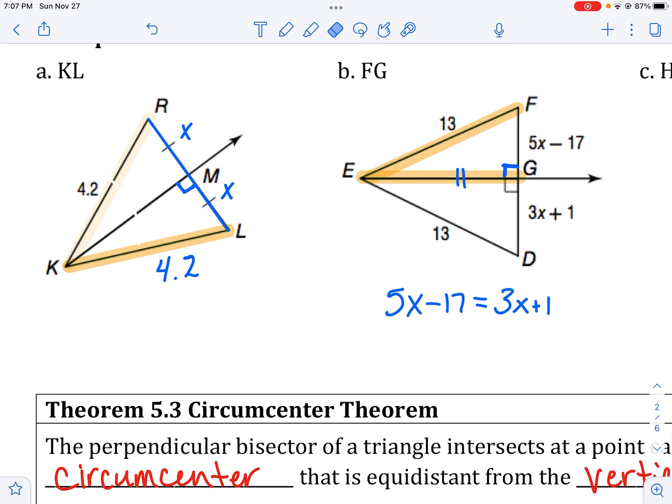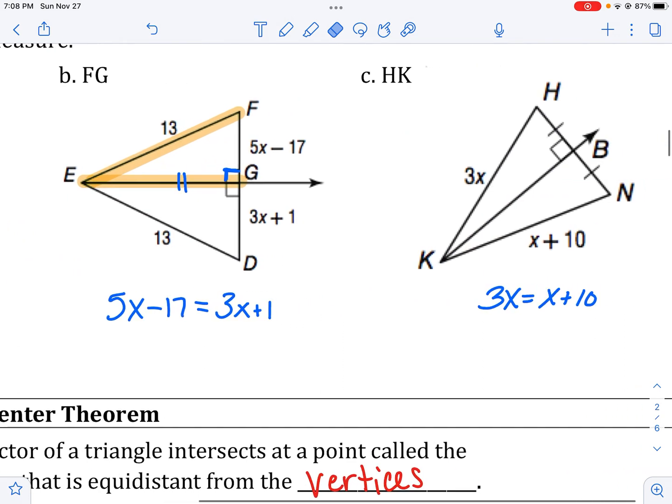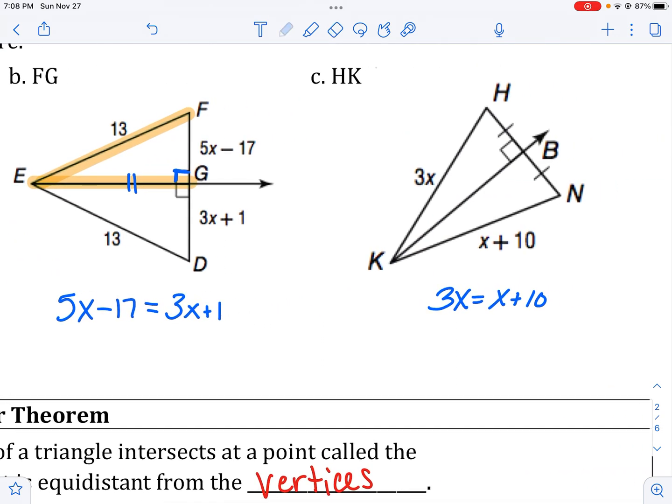And over here, I have a side angle side congruence if I use my reflexive property. So you could also prove that these are congruent by side angle side or hypotenuse leg, and use that to say that the corresponding parts must be equal or congruent as well.